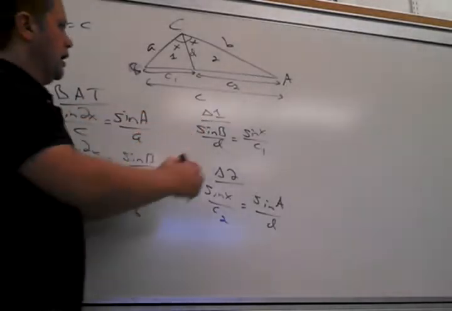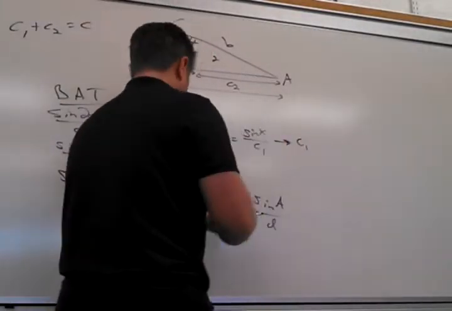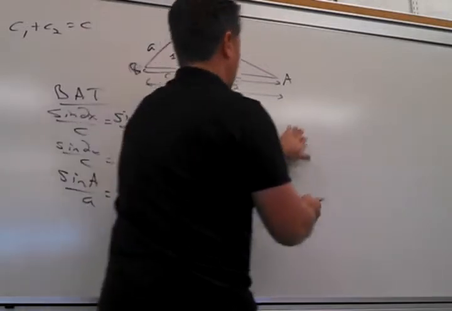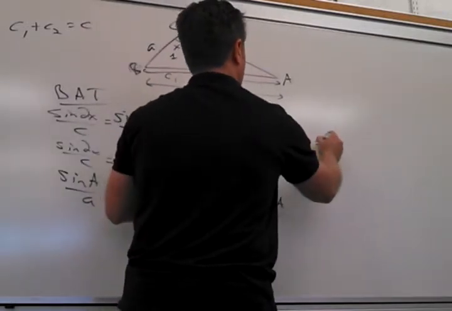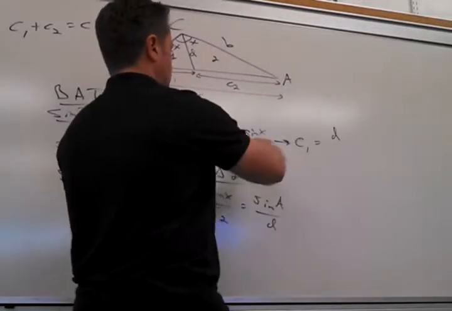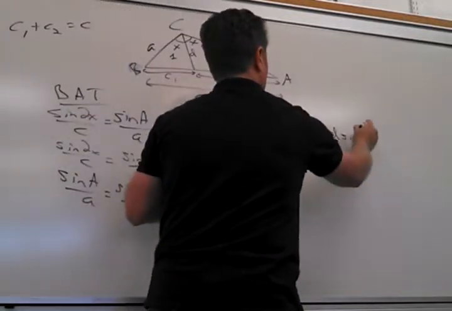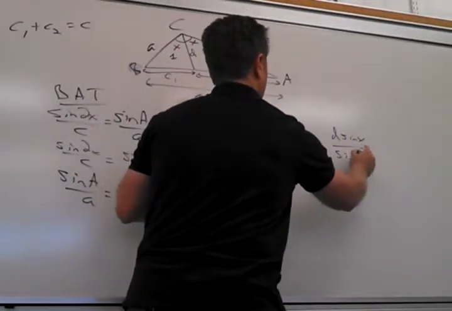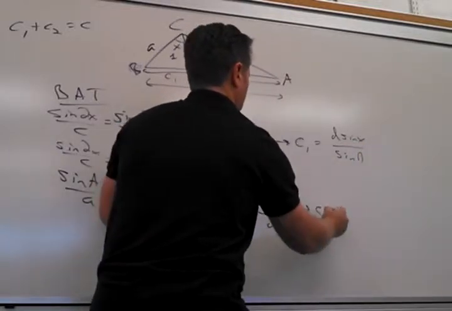So 2x. Here, what's C1 equal? C1 equals D sine x over sine B. What's C2?